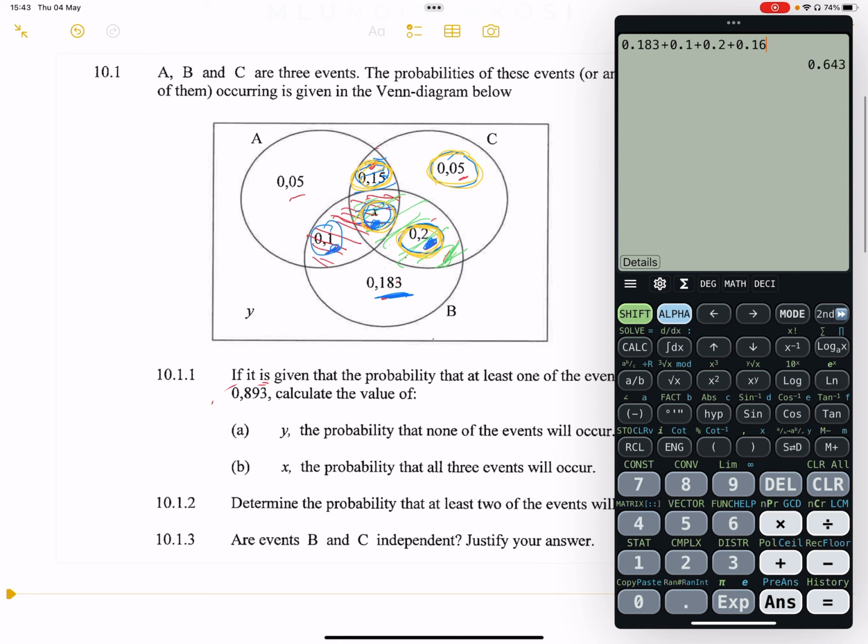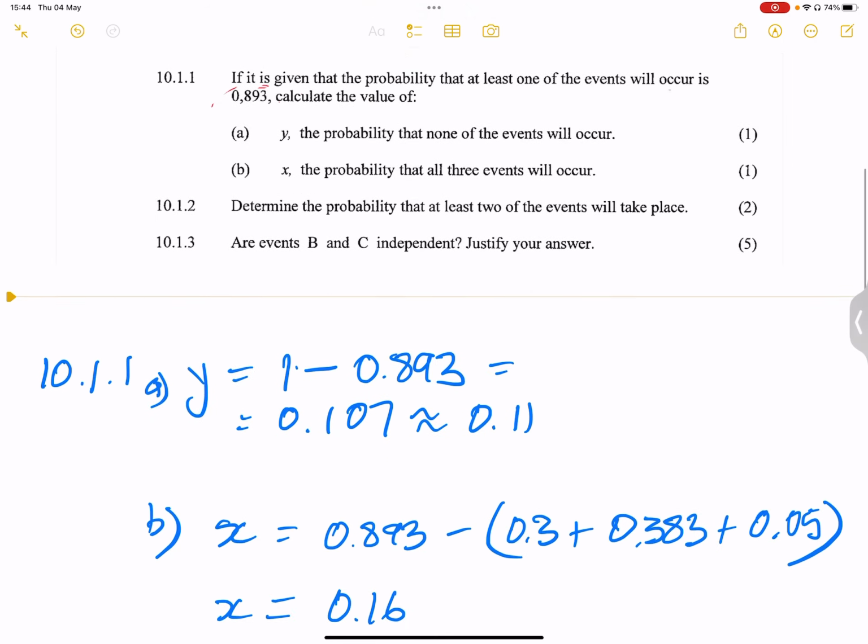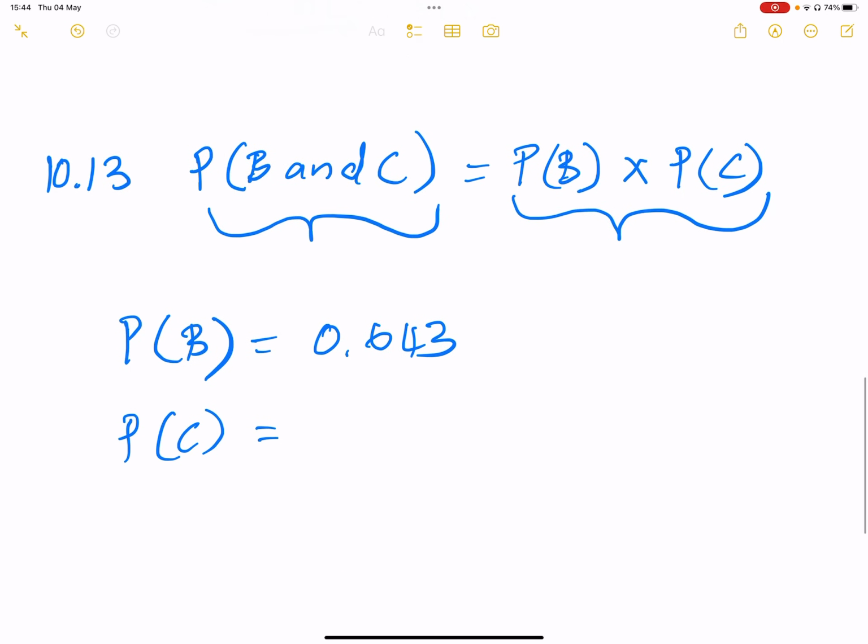We said 0.05 plus 0.15 plus 0.2 plus, in this case, X, which is 0.16. And I get a value of 0.56, ladies and gents. So that's 0.56. Now, I've got the probability of B and the probability of C independently.